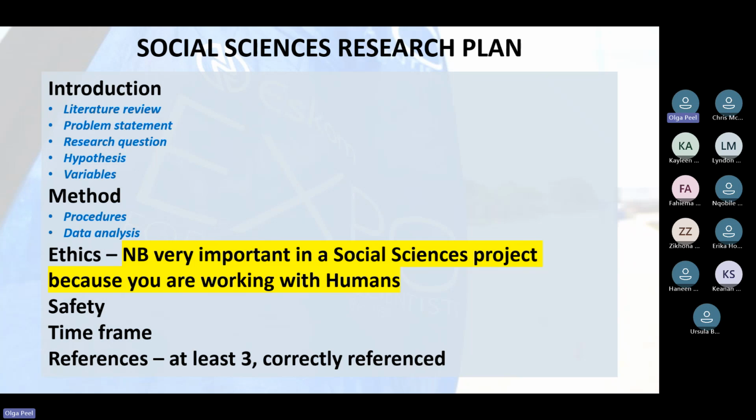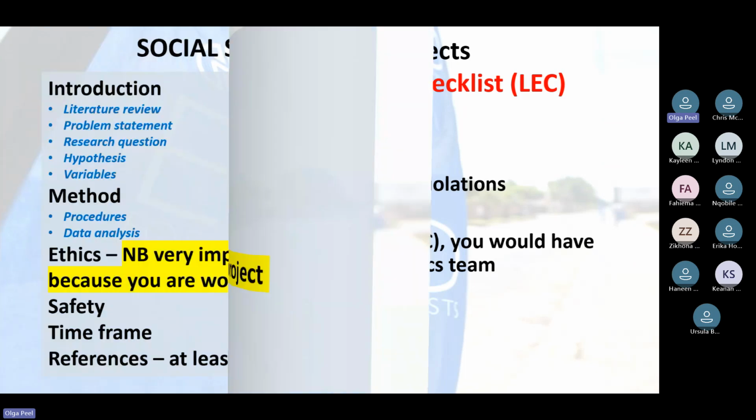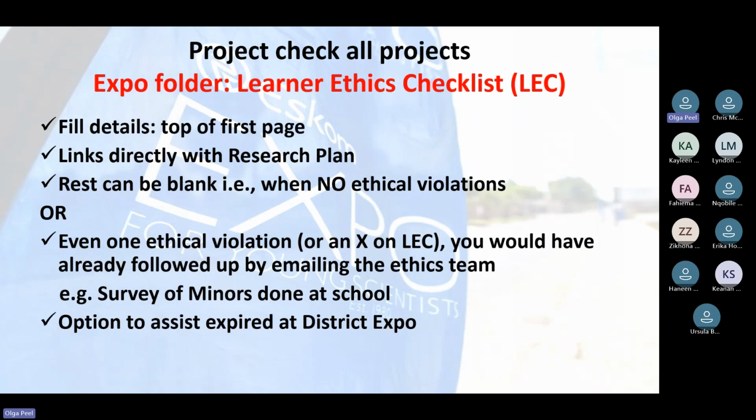Then there's the safety of the people involved, including the person who's doing the project, the time frame, and of course the 3 references. Now, most people did their research plan in January or February, so this is just a review of your social sciences research plan. Let's go to the learner ethics checklist.